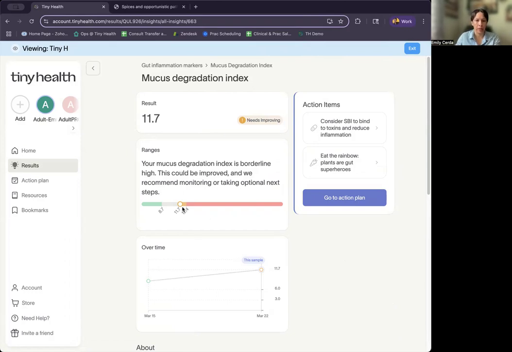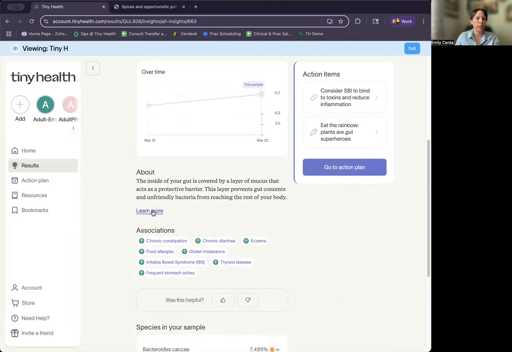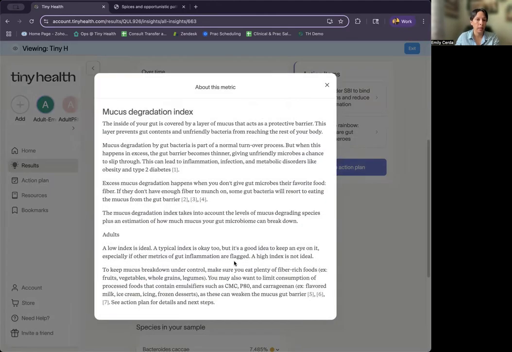So again, you're going to get your reference range. If the person has tested previously, you're going to be able to see over time what the trends are. And then further down here, you can click the About section to learn more about this metric and how it relates to the gut lining.